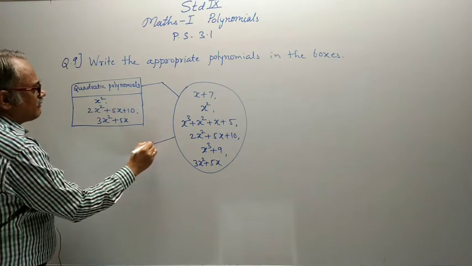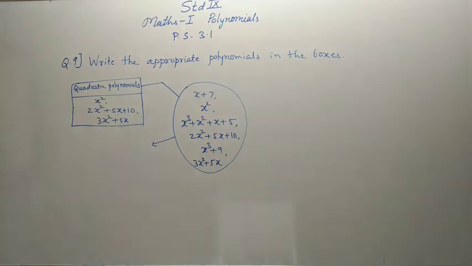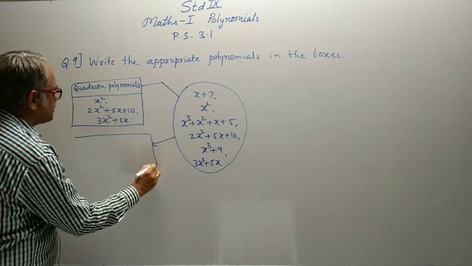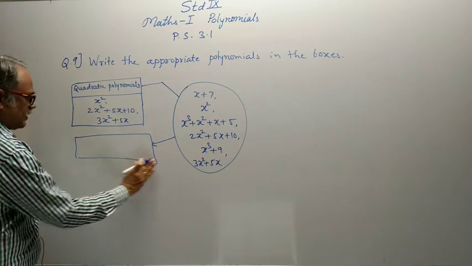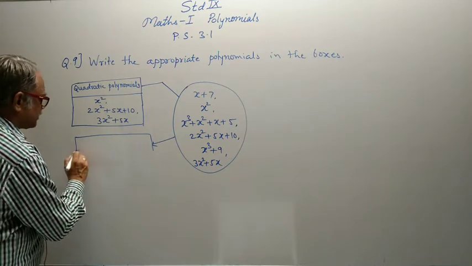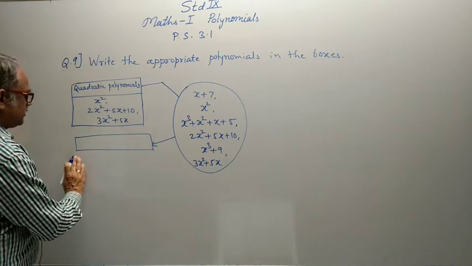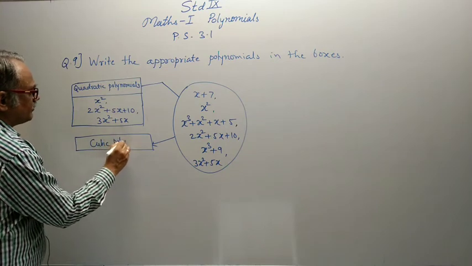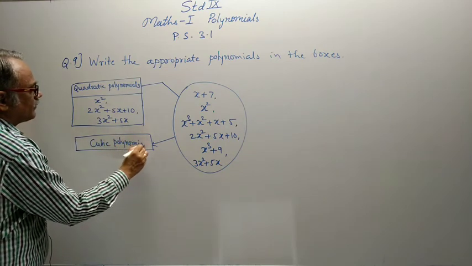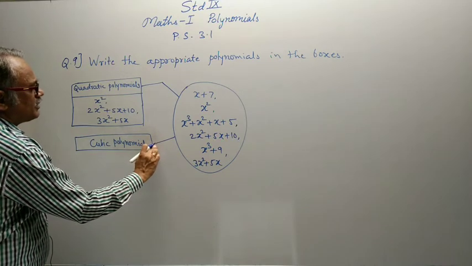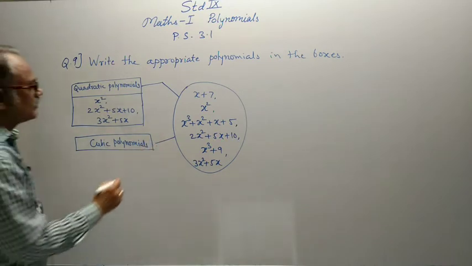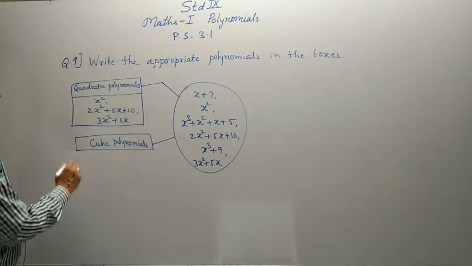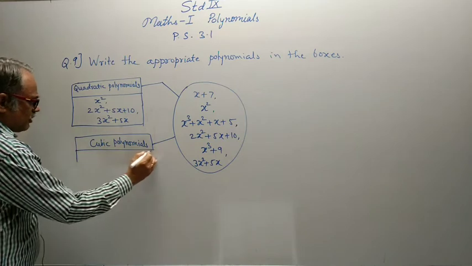Then after quadratic, they ask cubic polynomials. The name itself suggests that a cube exists, degree 3. Then decide how many there are and accordingly make the box.